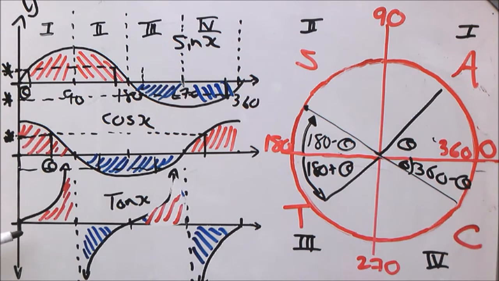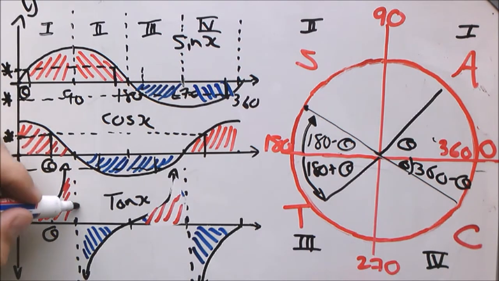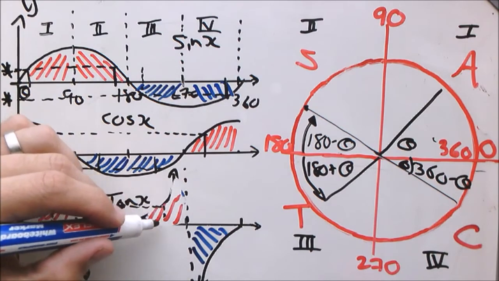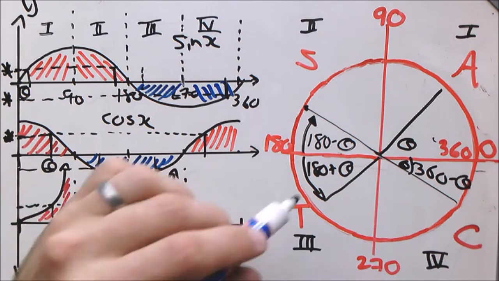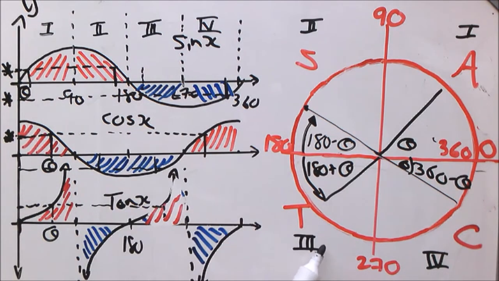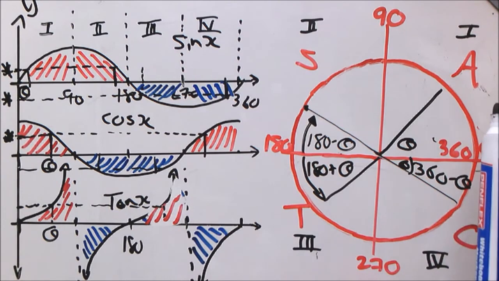Let's look at the tan graph. So let's say this is theta. Whatever we get in the first quadrant, we will get the exact same thing if we say 180 plus theta. So hence tan being positive in the first and the third quadrant.